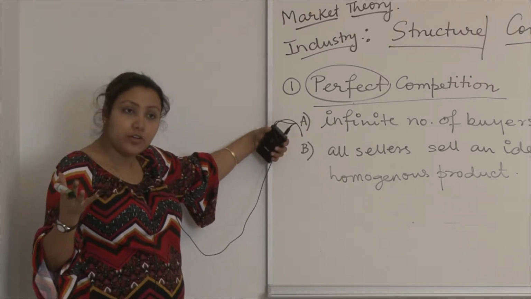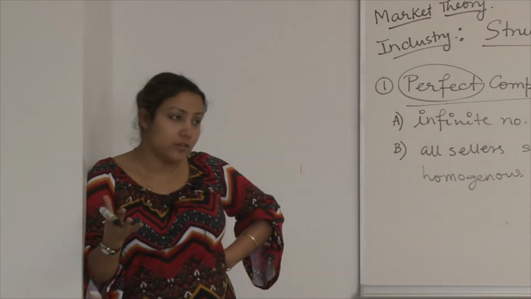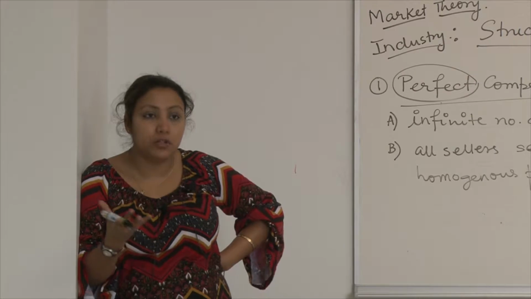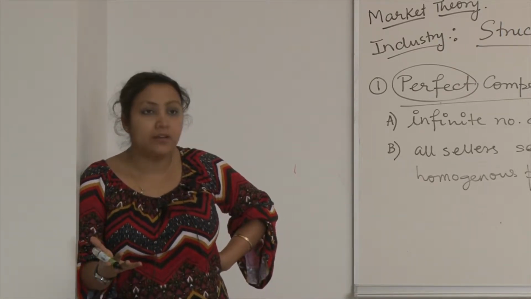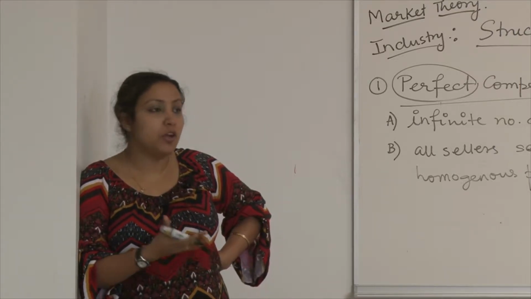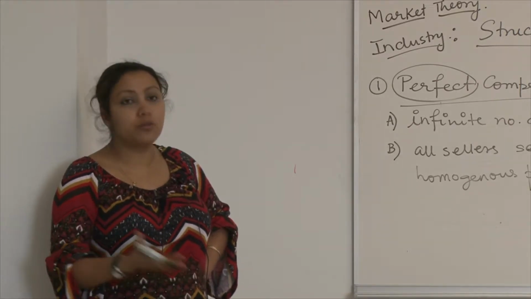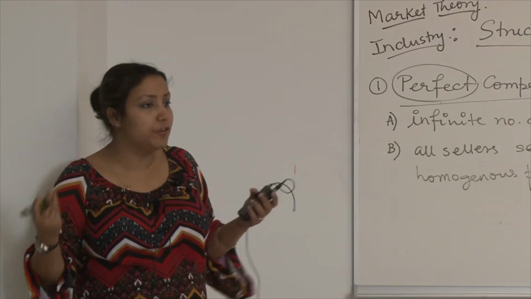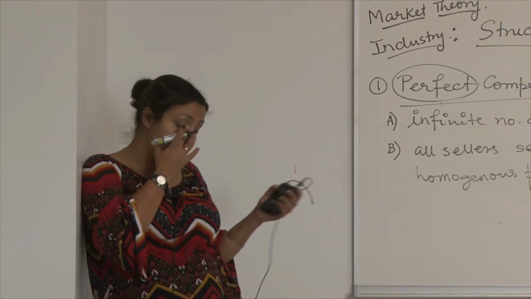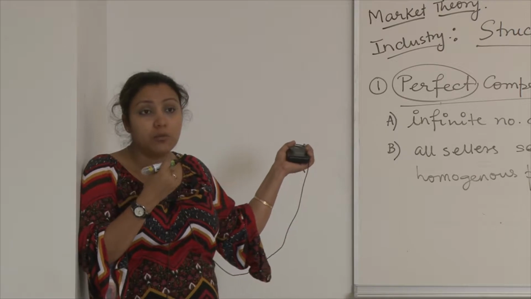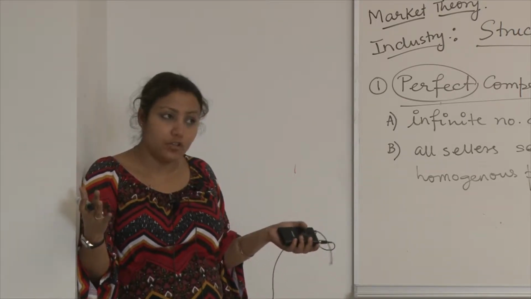That is also very unrealistic, because in the real world, even if a seller has two products which physically look the same, there will be some difference based on at least the brand, right. The brand of person A may not be the same as the brand of person B, or the color of the product will not be the same. There will be some minute difference, right. It is not possible that the product sold by all sellers, especially when you have an infinitely large number of sellers, will be exactly the same, exactly the mirror images of each other, right.